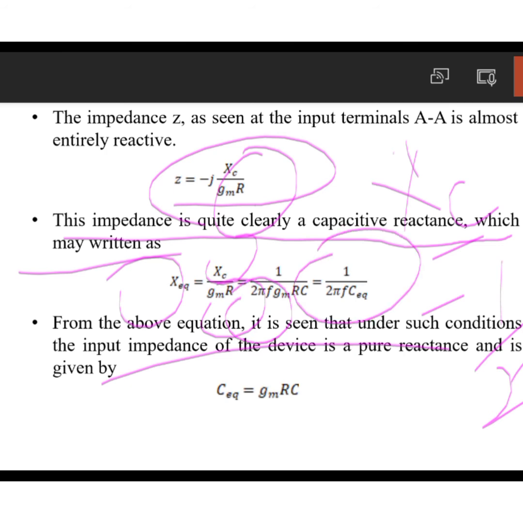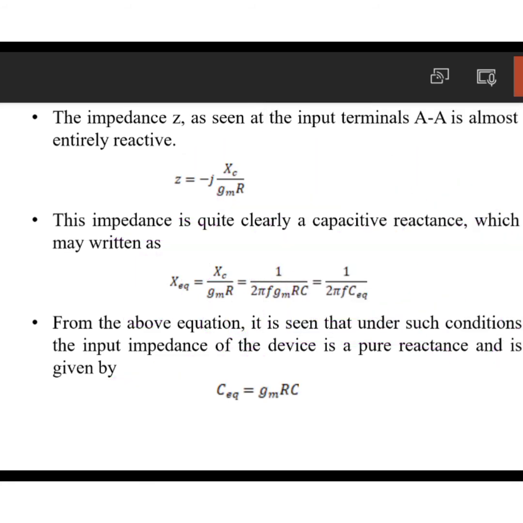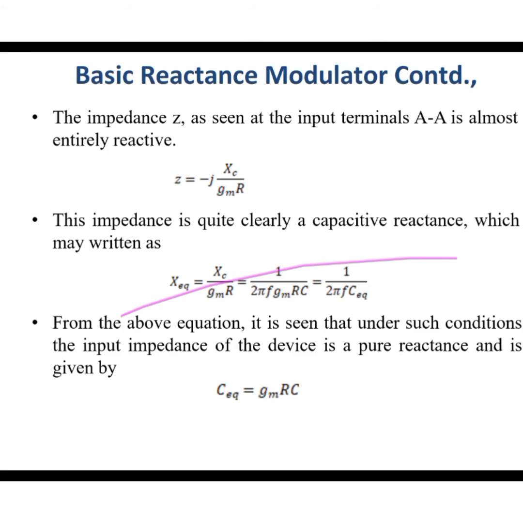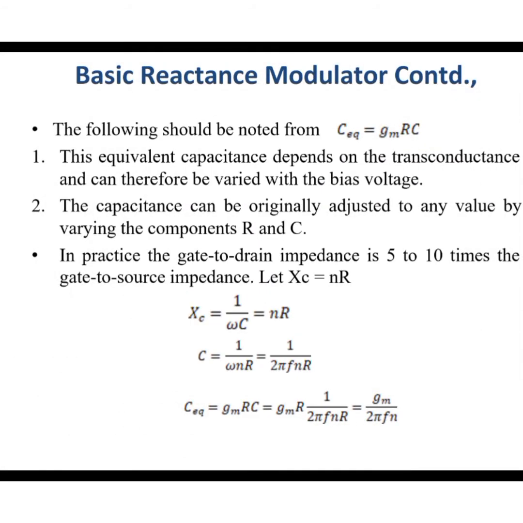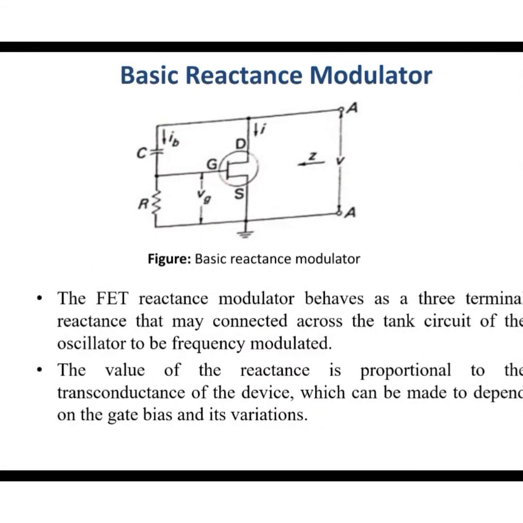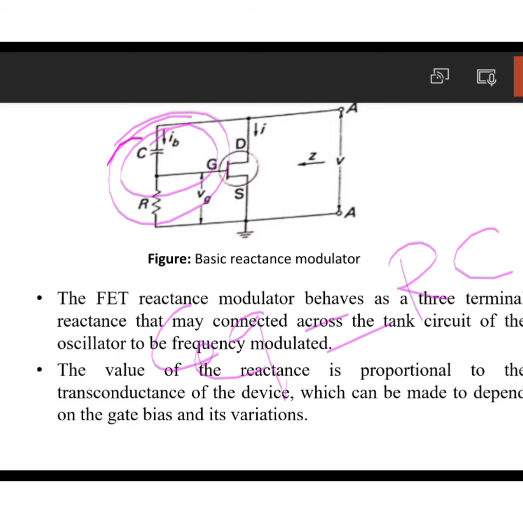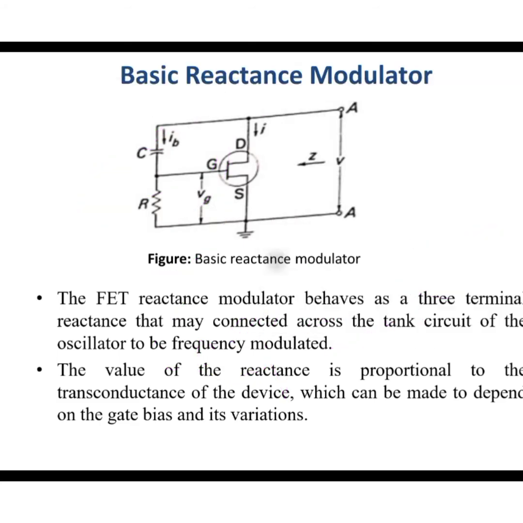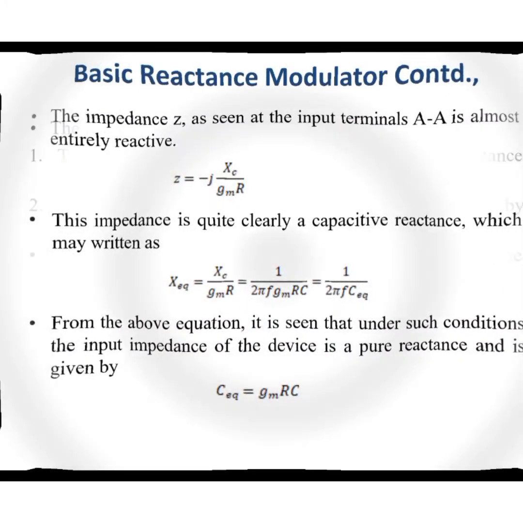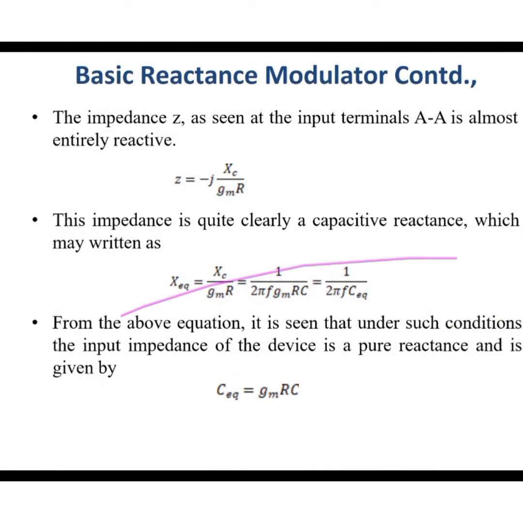So capacitive equivalent depends on the value of the equivalent capacitance across the terminal. C equivalent depends on the RC value, the transconductance Gm, as well as RC.